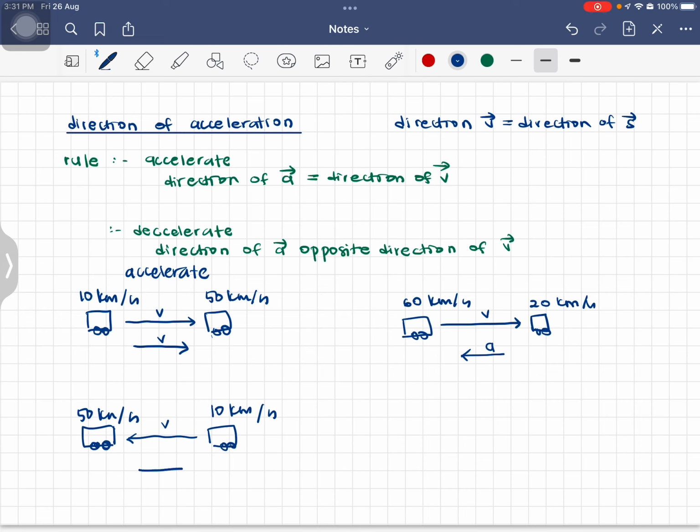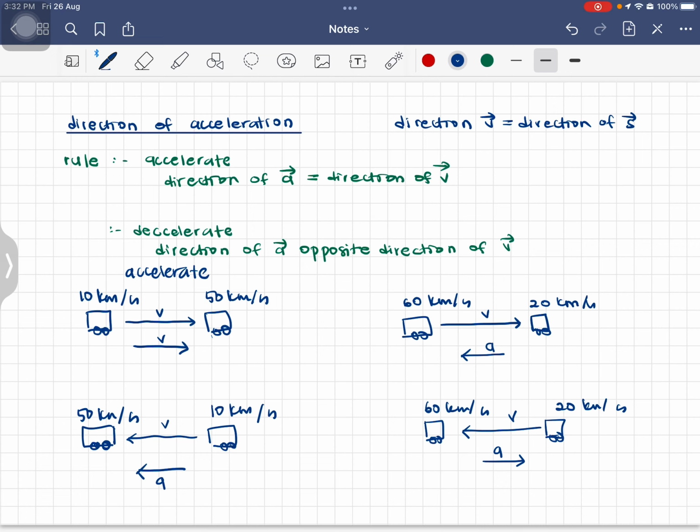That means your A should have a direction following the V, same as the V. If you decelerate, okay, let's say you are here with 60 km per hour, moving to the left up until you are 20 km per hour. Your V is to the left right now, and your A should be opposite with V because you decelerate.